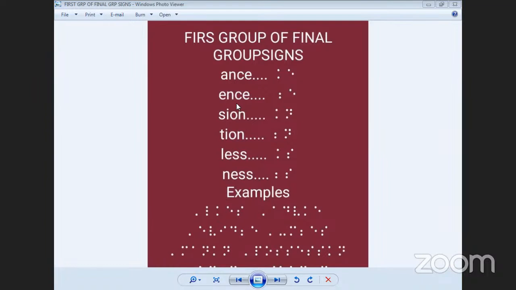When writing it, we will use the final group sign E-N-C-E, which is which dots? Dots 5, 6, E. Dot 56E, giving us E-N-C-E, ence.